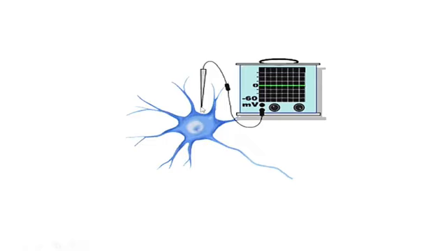When the electrode is in the extracellular space, no potential is recorded. But when the electrode penetrates the membrane so that the tip is now inside the cell, there's a sharp deflection on the recording device. Here, about minus 60 millivolts. The potential that you record when you impale a living nerve cell, or any cell for that matter, is called the resting potential.